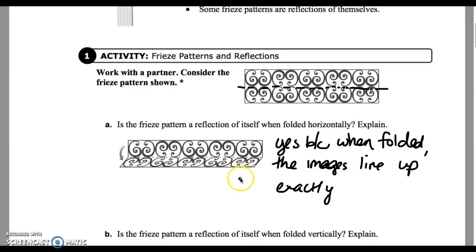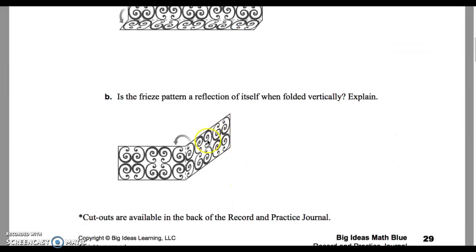Now, part B, we're going to look at if it's folded the other direction. So if you fold it vertically, will it be a reflection of itself? And you can kind of see and match up. If you look, this little pattern right here would match up exactly with this pattern. This one below would match up with that one below. You can look right along this dotted line and see how the images are the exact same. One's just flipped the other direction. So this is going to be the same thing.